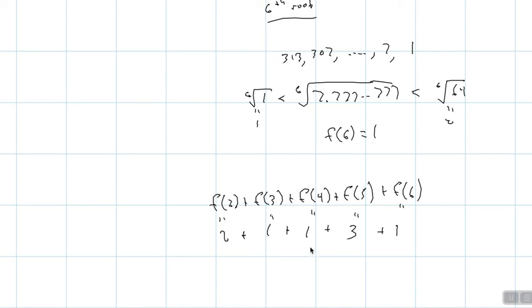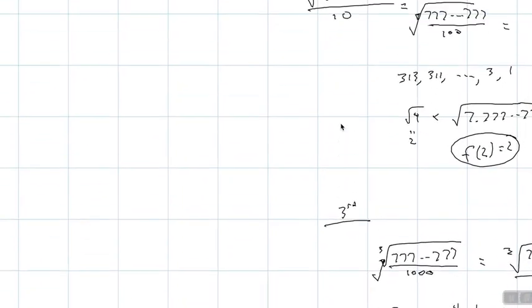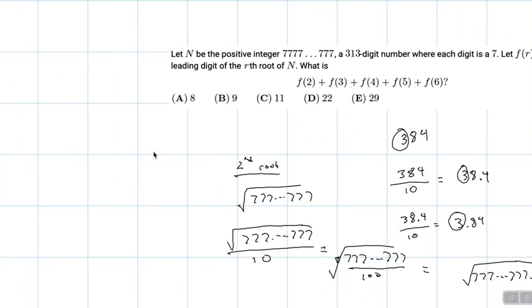So 2 plus 1 plus 1 plus 3 plus 1 is equal to 8, which is the value we were trying to find. So going back up here, that sum is 8. So the answer is choice A.